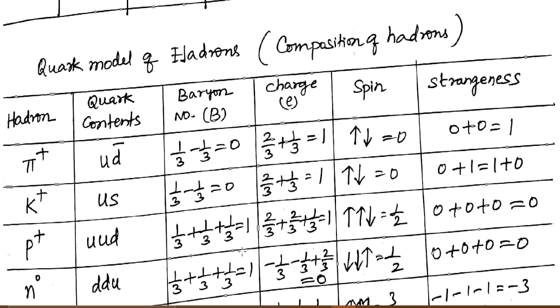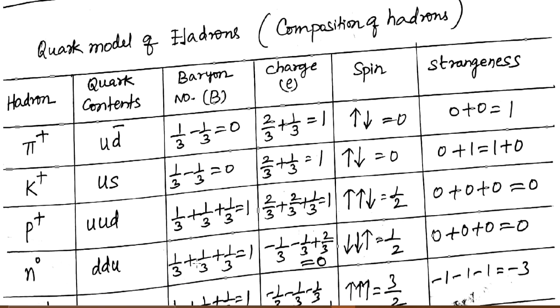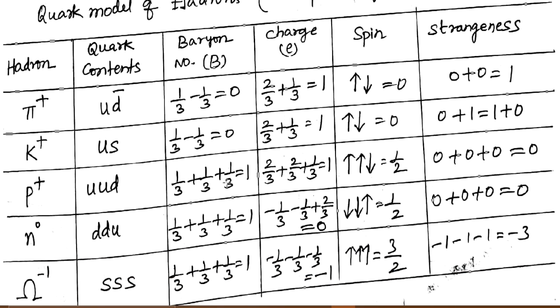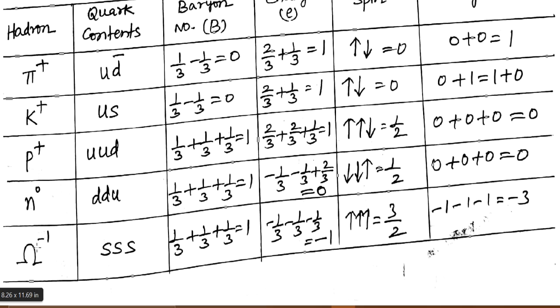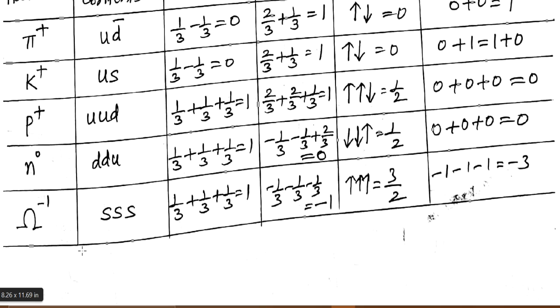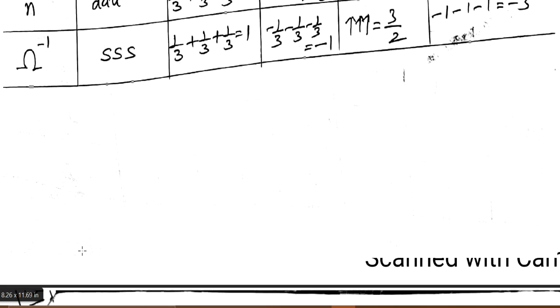Similarly, you go through the other hadrons in the table given: K plus, P plus, neutron, omega particle, omega minus. How they are made up of quarks, we can learn from this table.